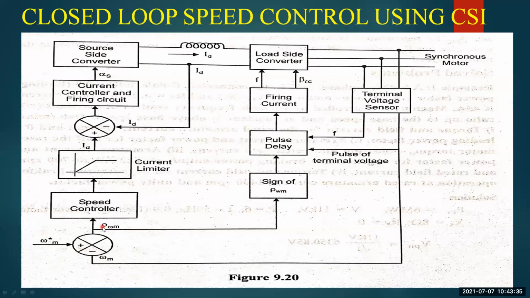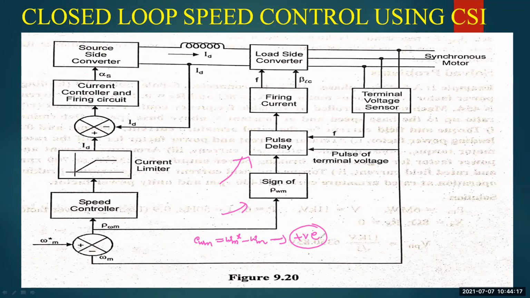The speed error is positive, for example, when the reference speed omega m star is more than the actual speed.